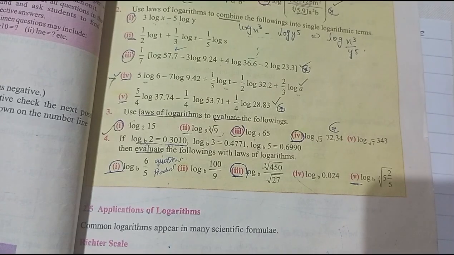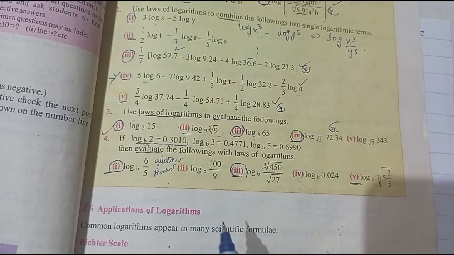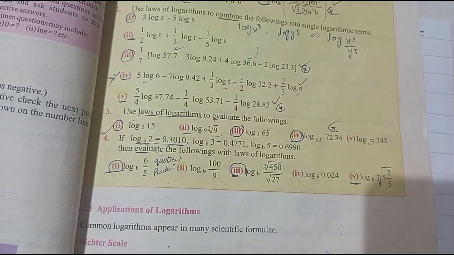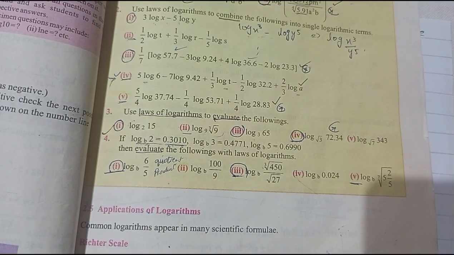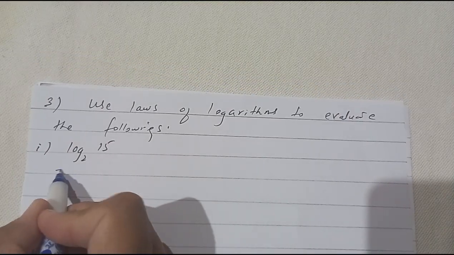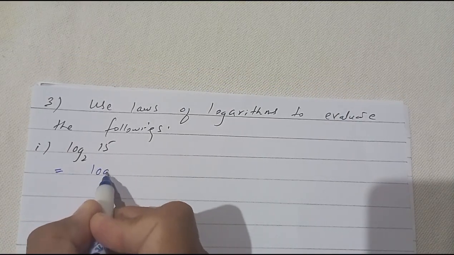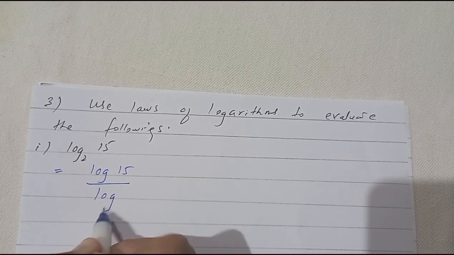Now question number 3 is: use the law of logarithm to evaluate the following. First part is log with base 2 and argument 15. By using the law of log we can write it in division form as log of 15 divided by log of 2.